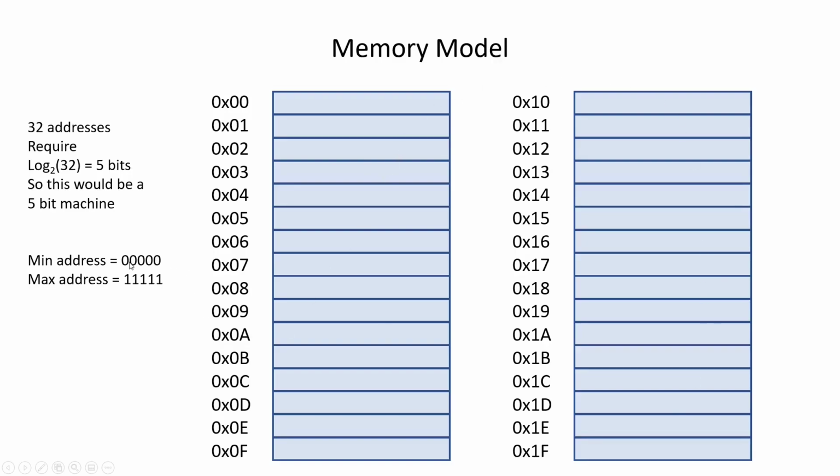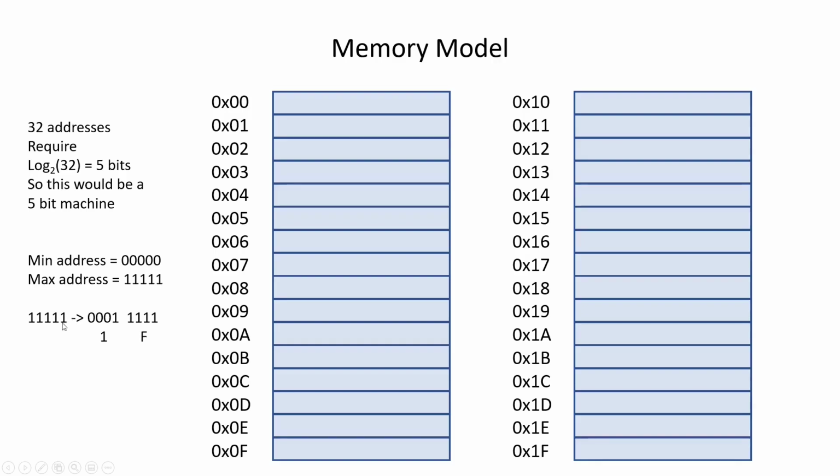The minimum address, 00000, would be this top one up here. And the maximum address I can have is where they're all ones, 11111, and that's 1F down over here in the lower right. I want to do a little bit about converting from binary to hexadecimal real quick. The easiest way to do this is to break it into chunks.